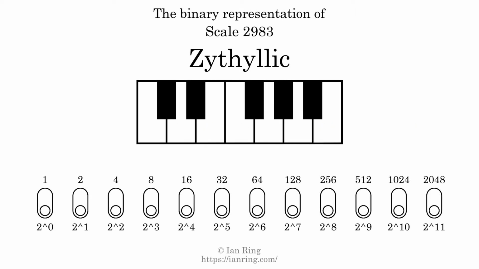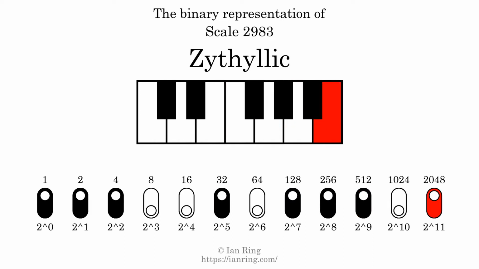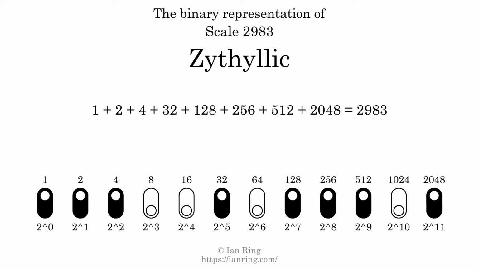The binary representation of this scale is determined by mapping tones of the scale to binary digits. Each binary digit represents a power of 2. To get the scale number, we add the powers of 2 together. The powers of 2 that are present in the scale, all added together, equals 2983.